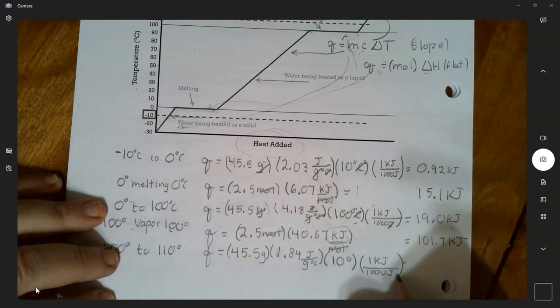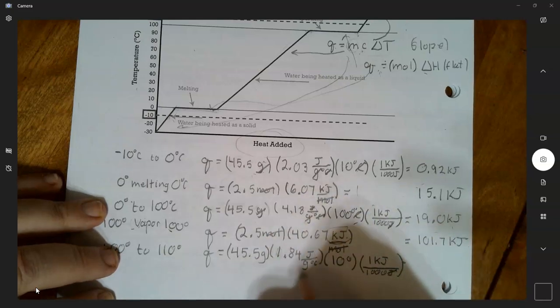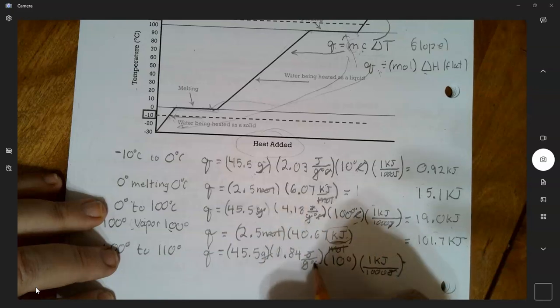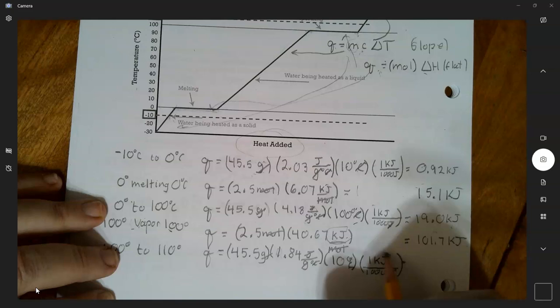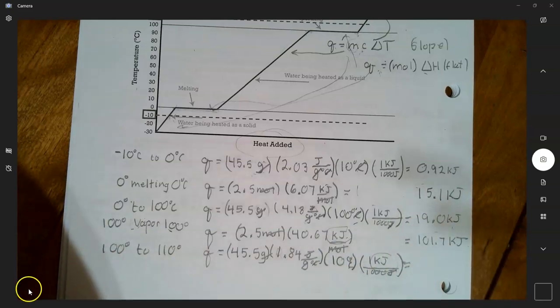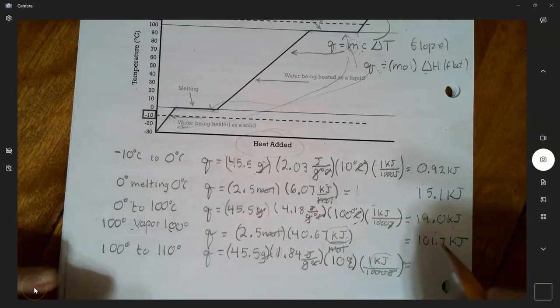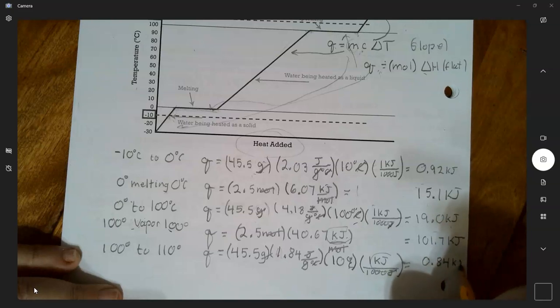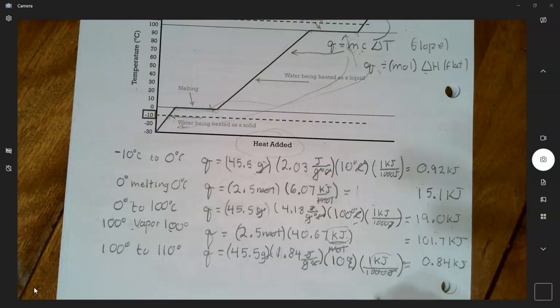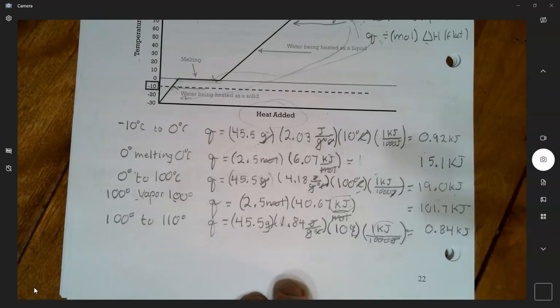You have kilojoules. Here, joules cancels with joules, grams with grams, and centigrade with centigrade, I should have put the C there. So you end up with kilojoules as your unit. So we'll go ahead and do that calculation. And that gives us 0.84 kilojoules.